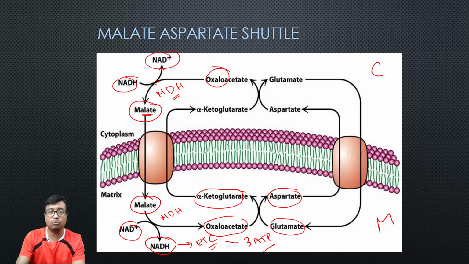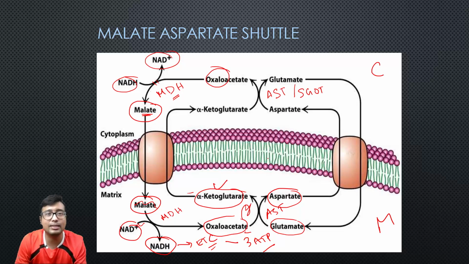So this alpha ketoglutarate, which is now generated over here, now goes back and it is again converted to oxaloacetate via a transaminase. So the enzyme over here is aspartate transaminase or aspartate aminotransferase, or nothing but AST, or you also know it as serum glutamate oxaloacetate transaminase, SGOT.